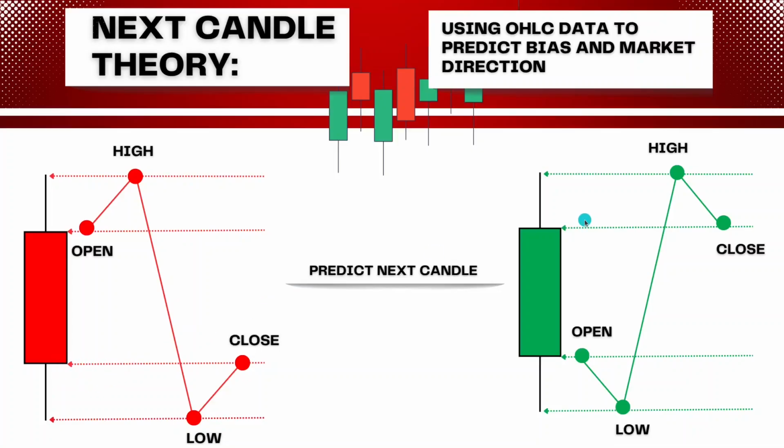So the same thing applies on the bullish bar. So let's look at how we can use this information of open, high, low and close to predict the next candle that will appear in the market.